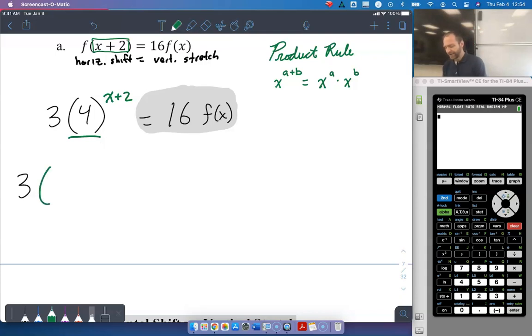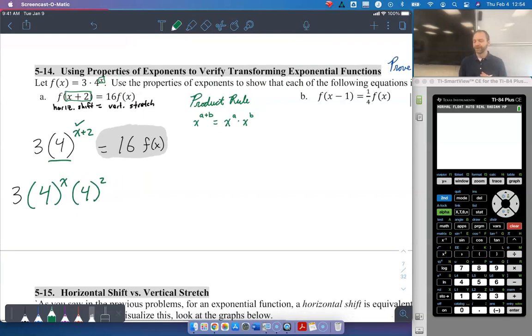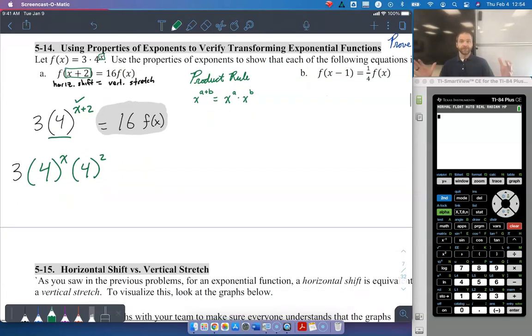I'm going to say I have 4 to the x power, and I have it being multiplied by 4 squared. Perfect. And so right now, I can see what I'm dealing with here. I can see exactly where I'm going. So let's keep moving it along and see what's going to happen.